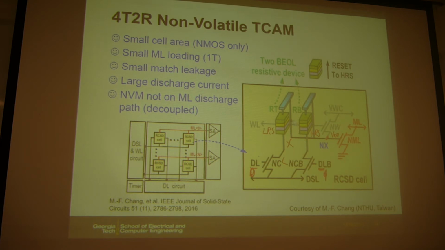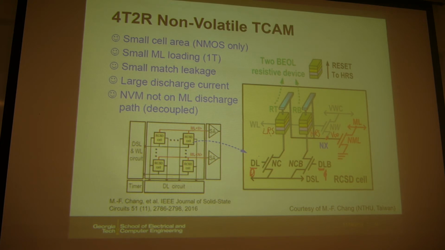So basically you compare your input data with the pattern you store in those memory cells, and whether you have a discharge path or not will determine the output. So this is the design of this 4T2R non-volatile TCAM.